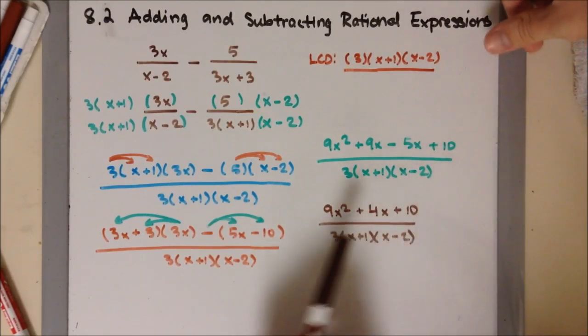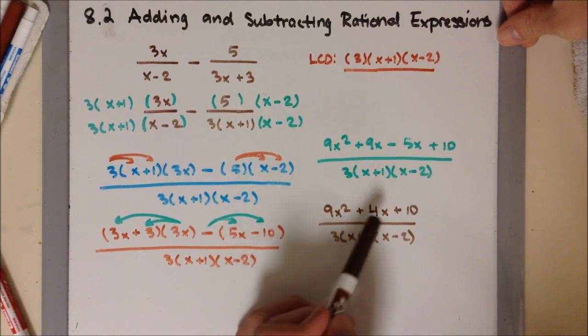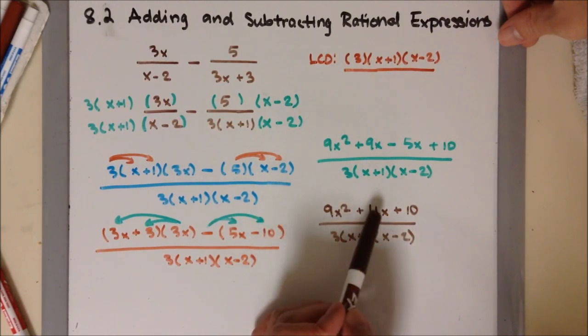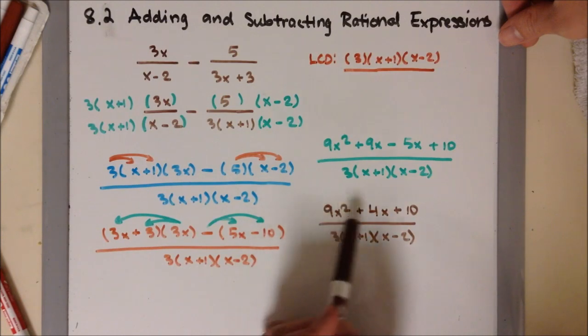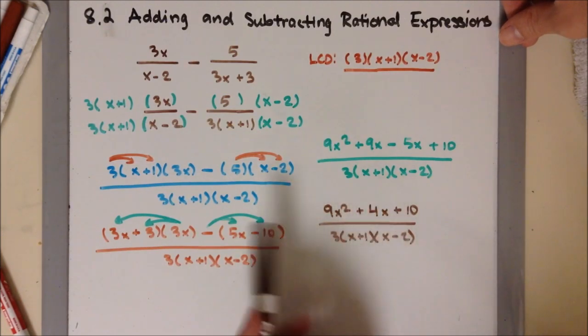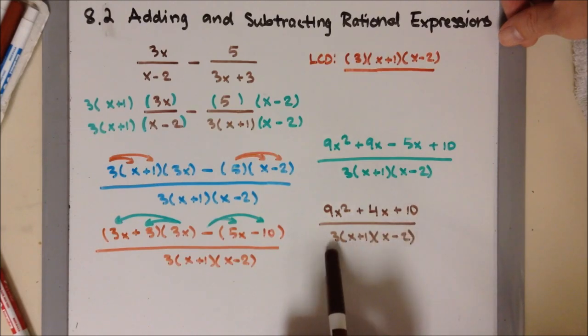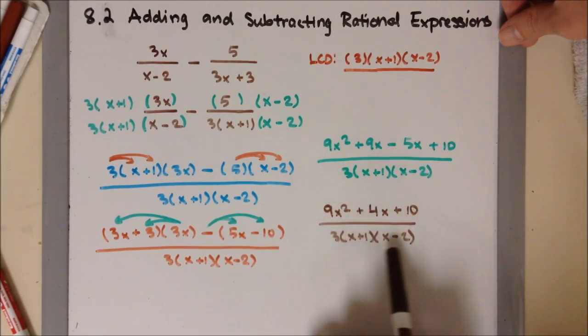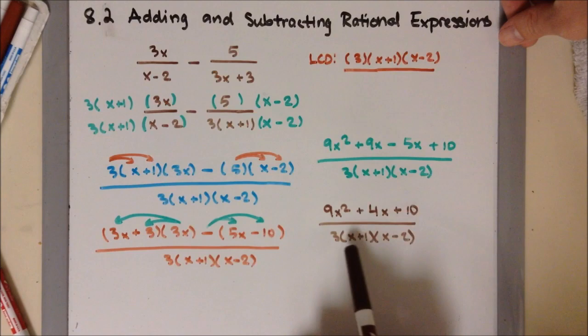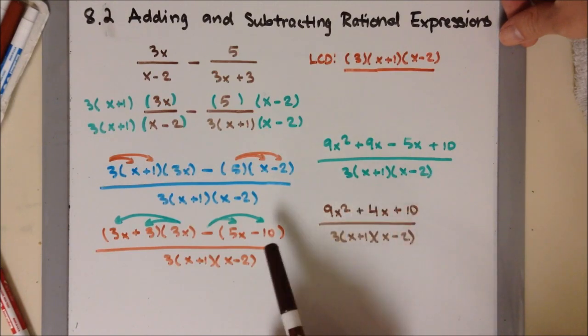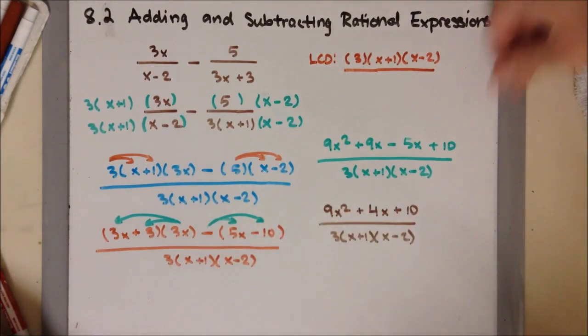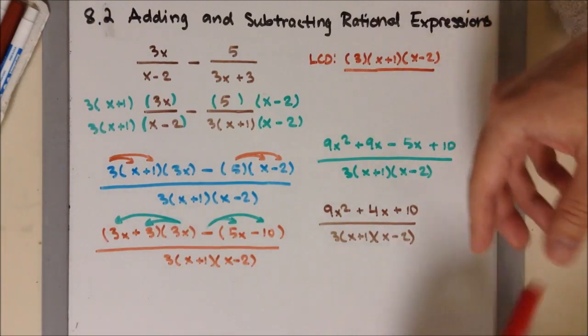So I finished combining terms. I'm going to check if I can simplify the fraction. As I examine each part, the 3 parts I have in the numerator and the LCD, there is nothing in common, no same number, no same variable that I can simplify. So this fraction is in its simplest form.